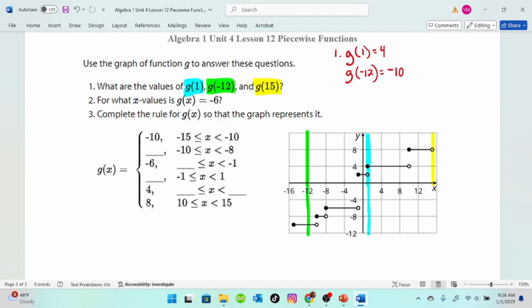I have my straight line, and I don't have a value because what I'm hitting is a hollow point. So what we would say is that g of 15 has no answer.